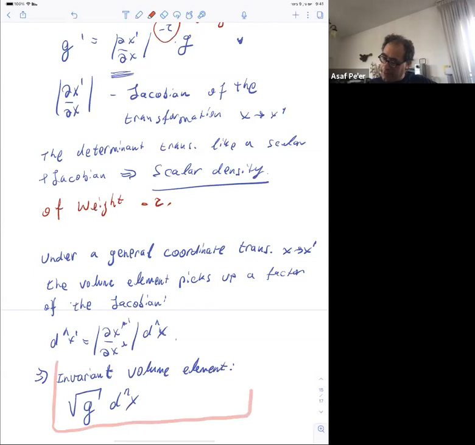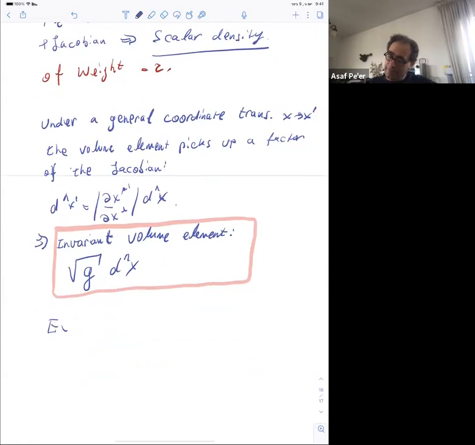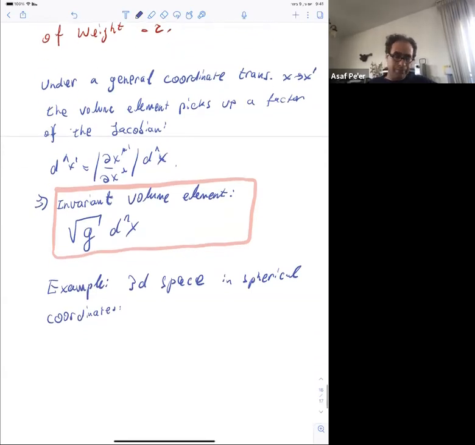So one example and we'll go home. Three-dimensional space in spherical coordinates.